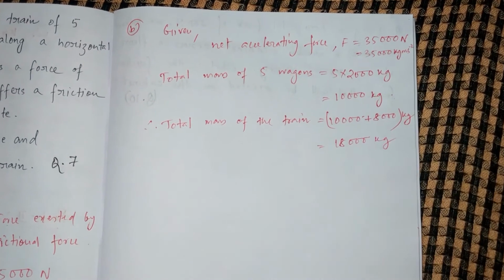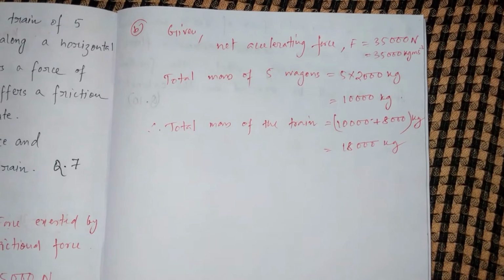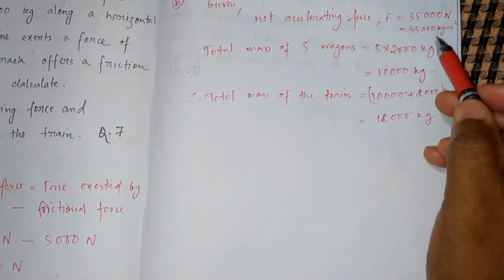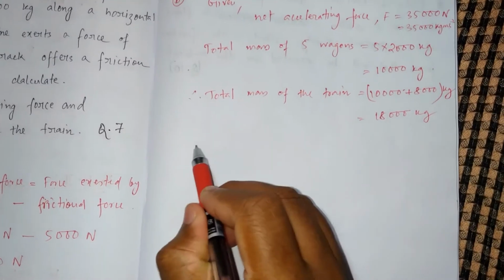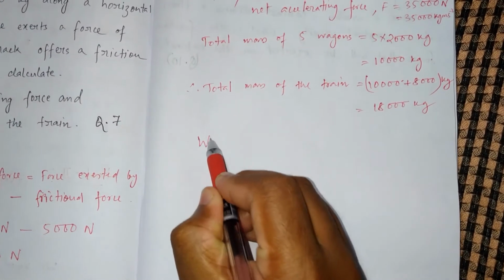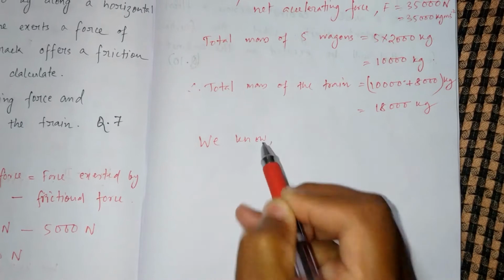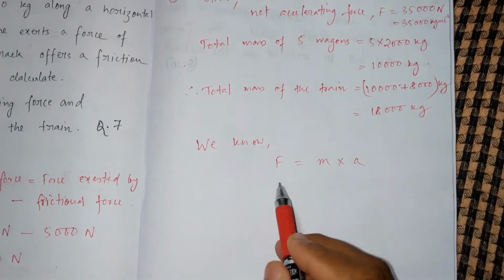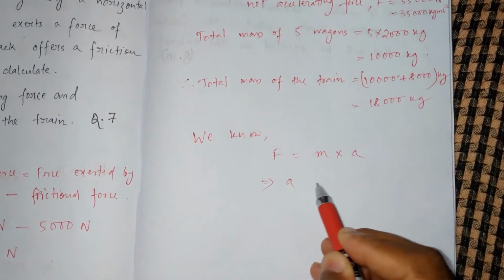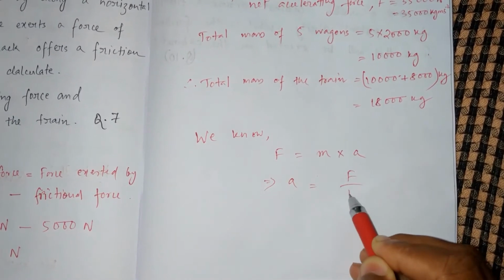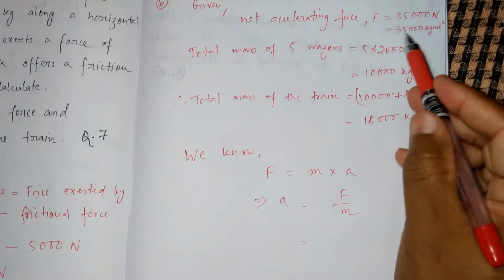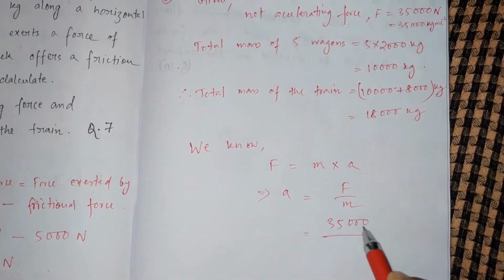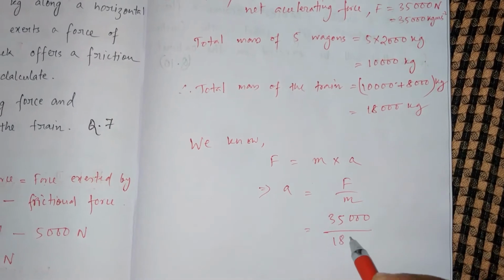So now what we need to do, we have this mass, we have the force. So we know F equal to m into a. So from this we can take a here, it will be F by m. So what is F? F is this much, 35,000, and m is 18,000.